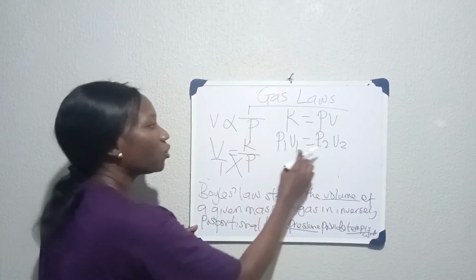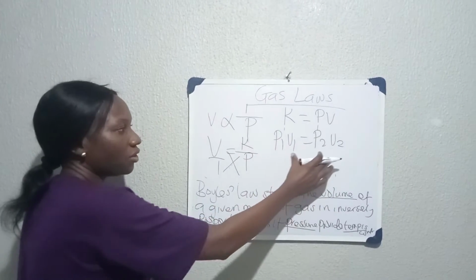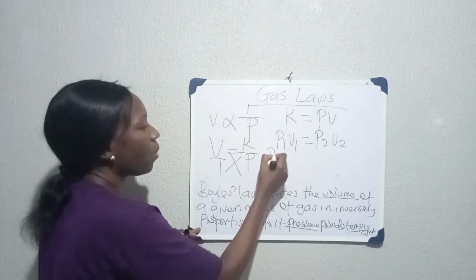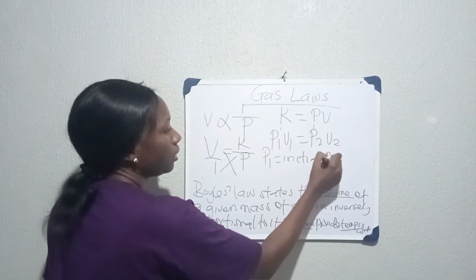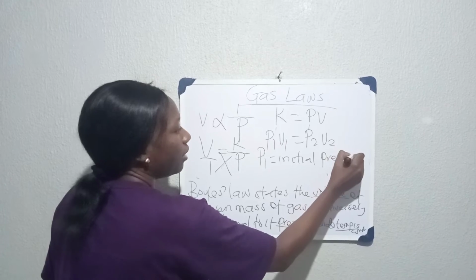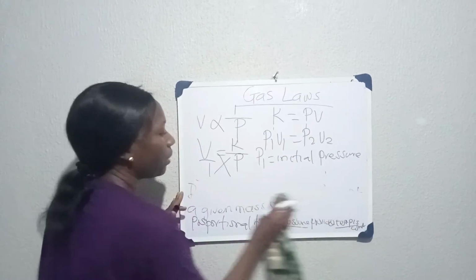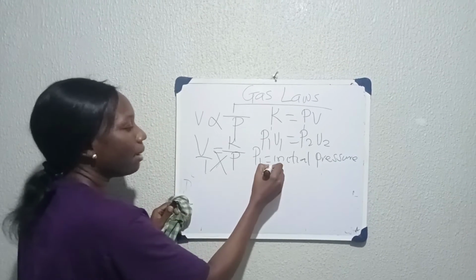Then I have to let you know the meaning of all these variables, because you can't just cram them. You must know the meaning of all this. This P1 means initial pressure. My initial pressure is always expressed as millimeter mercury.